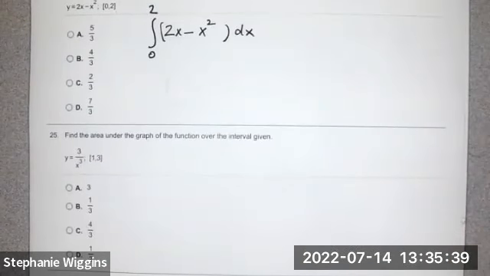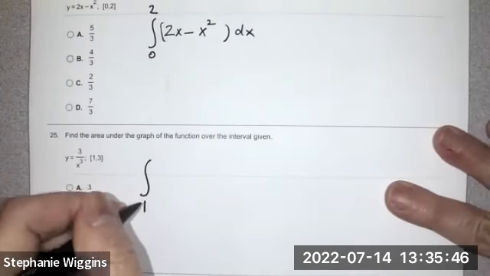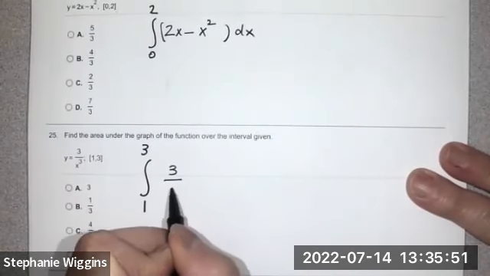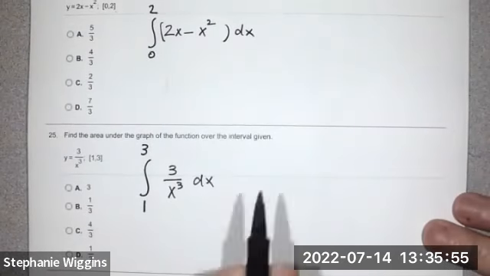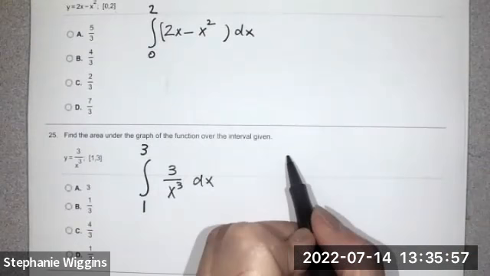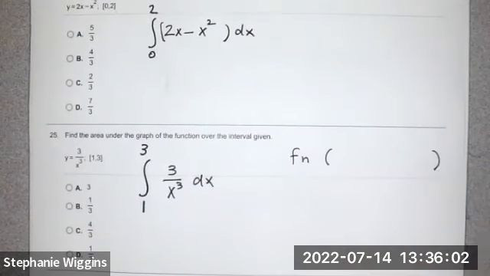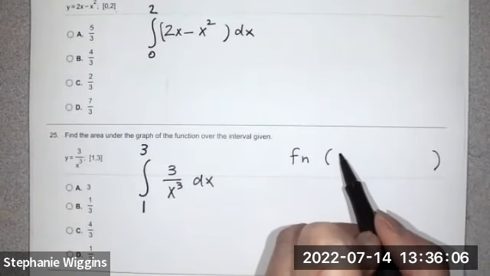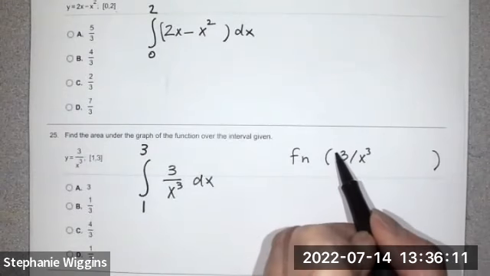All right, now we're going to find the area under the graph from 1 to 3 of 3 over x cubed dx. When you put this in, in the parentheses, you're going to start with your function, 3 divided by x cubed.